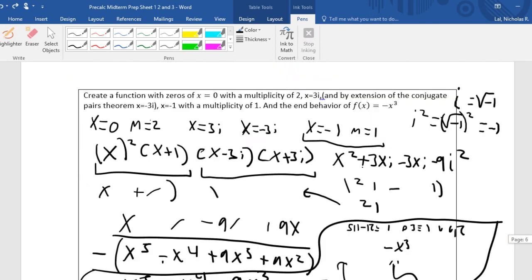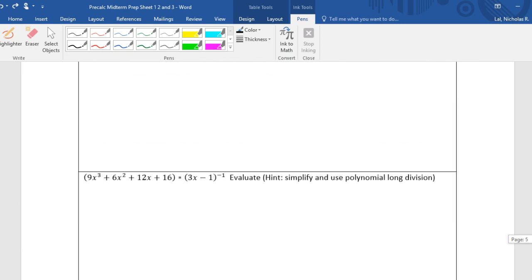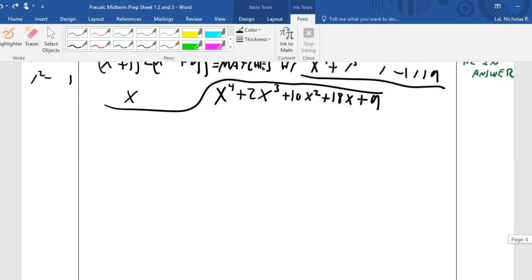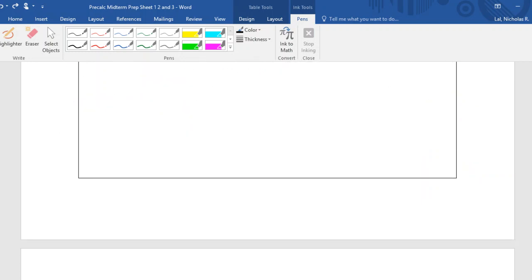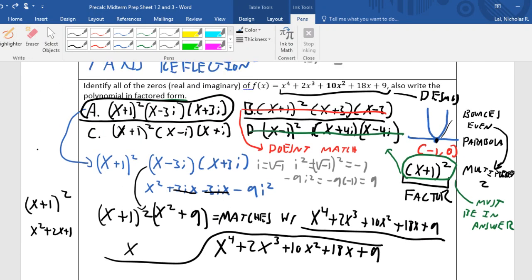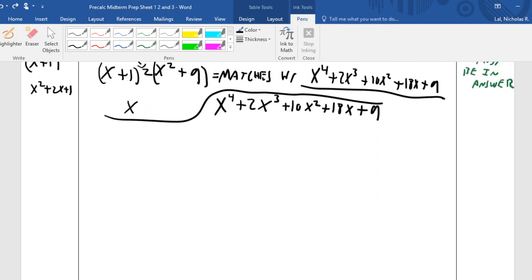It's not the highest production quality, that's okay. We divide by x squared plus 2x plus 1.